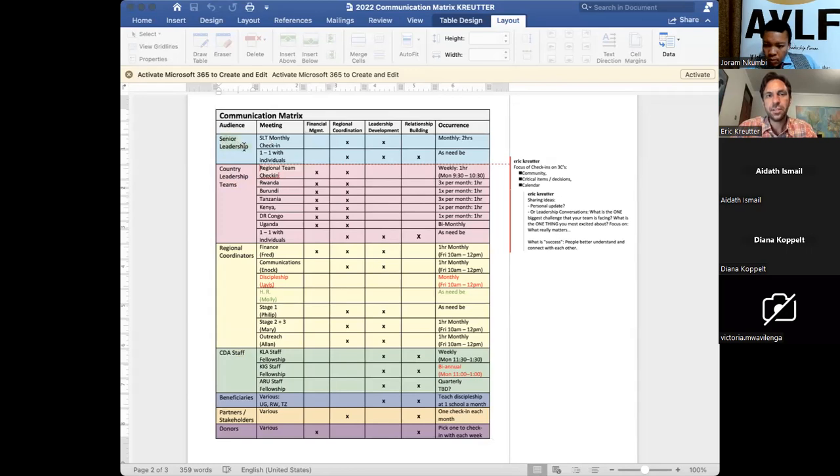So these ones up here are different individuals within our organization. So the senior leadership team up here, this is an audience. And I know that every month I meet with them for 2 hours, once in a month. That's how I manage the time to connect with this group, the senior leadership team. I know I don't need to meet with them every day.